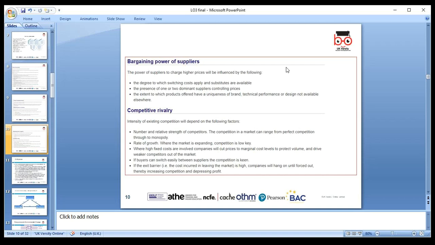For the bargaining power of suppliers, charging a high price will be influenced by the degree of switching cost, the substitutes available, and the presence of two dominant suppliers controlling the price, or many suppliers.